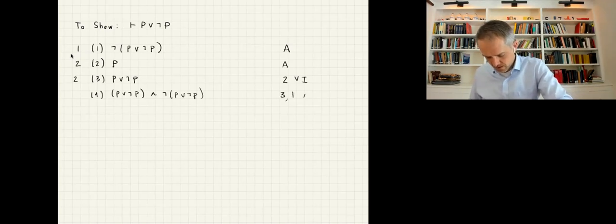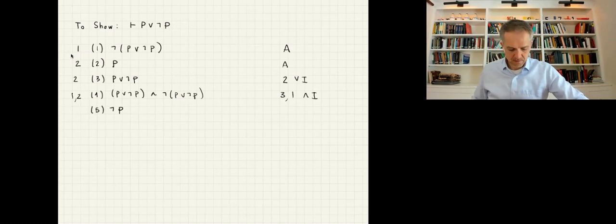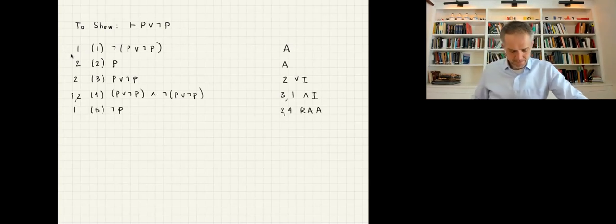3, 1, and introduction. Okay, so 2 led to a contradiction. So now we get not P from 2 to 4. Reductio ad absurdum. So now we see that's sort of the first bit of De Morgan's.